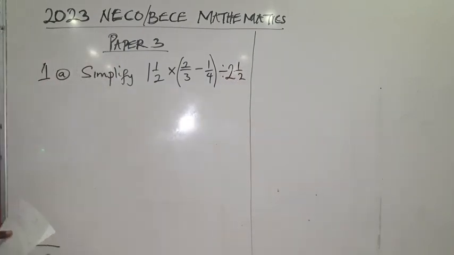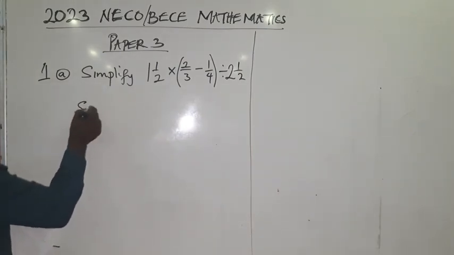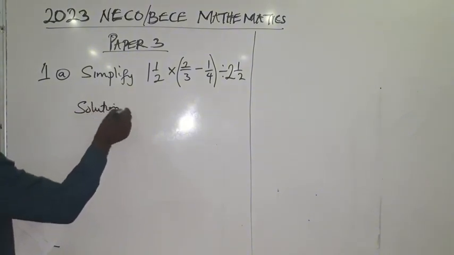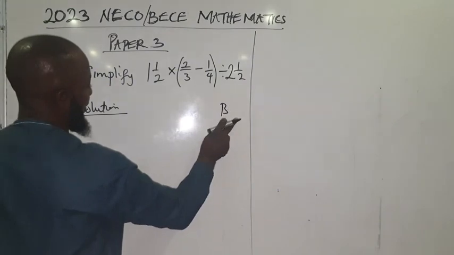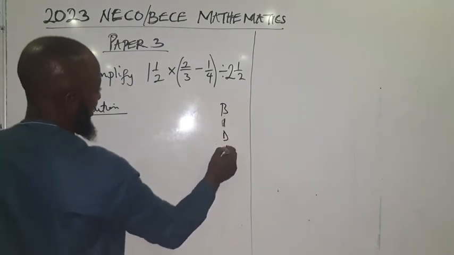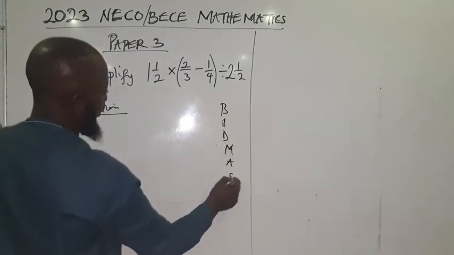So to solve this, we apply BODMAS. So you follow the rule, and this is what we're going to follow.